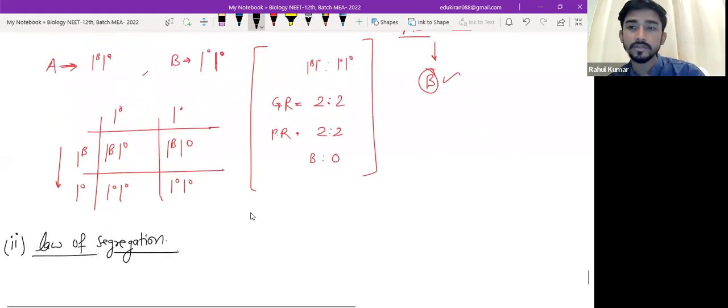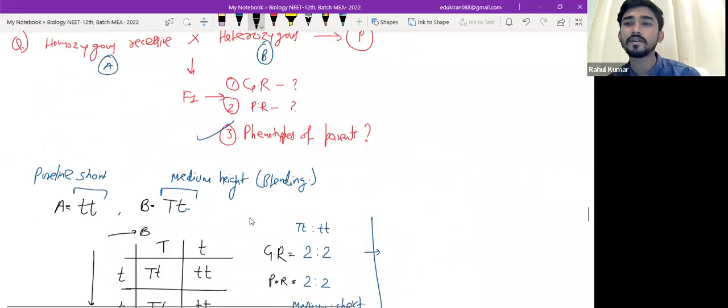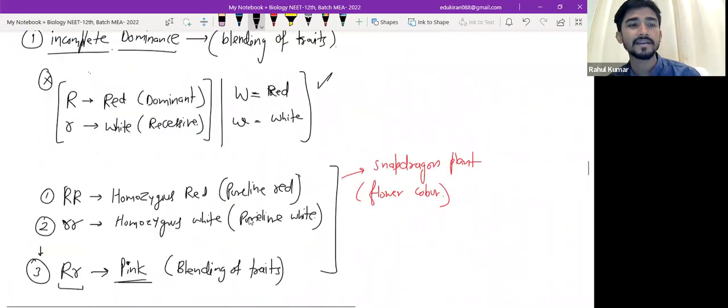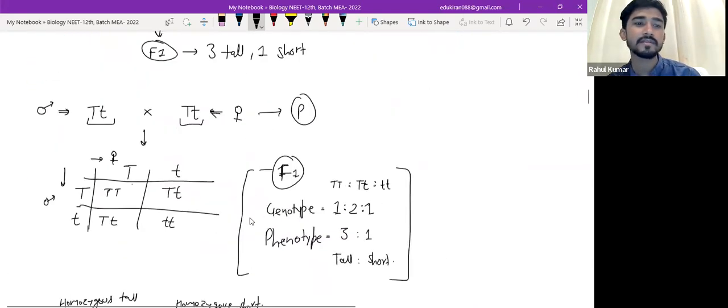Actually, throughout this time, we were following the law of segregation to understand the law of dominance. Let me go back and tell you where we were segregating things. Let's start from the very beginning.